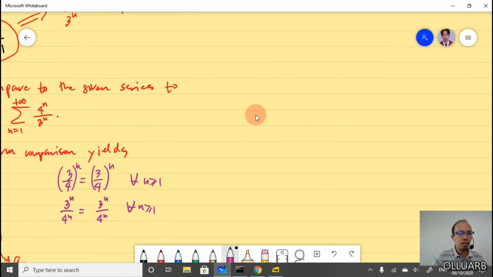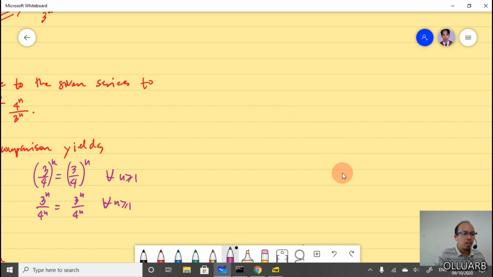Let's move here. What will happen if we subtract the exponent by 1? What is the inequality here? 3 to the n over 4 to the n for all n greater than or equal to 1.